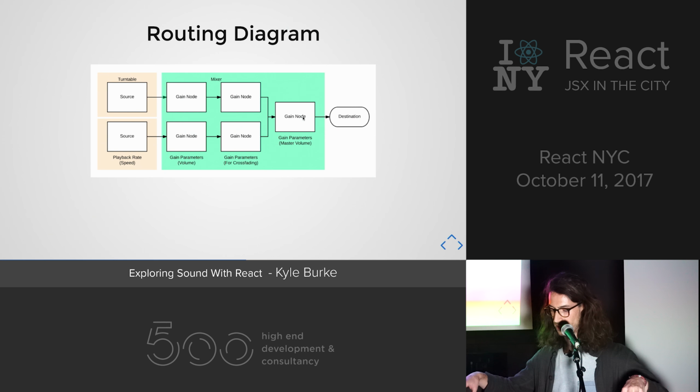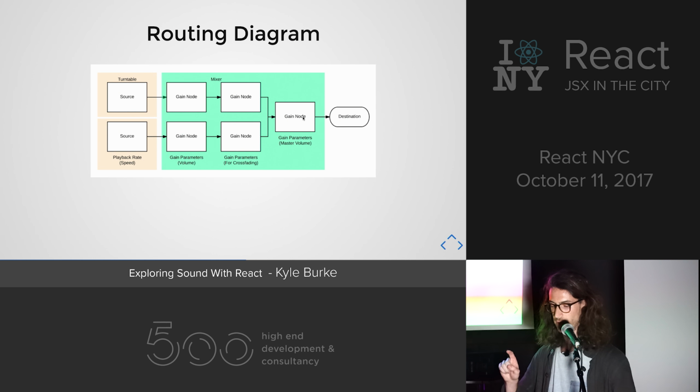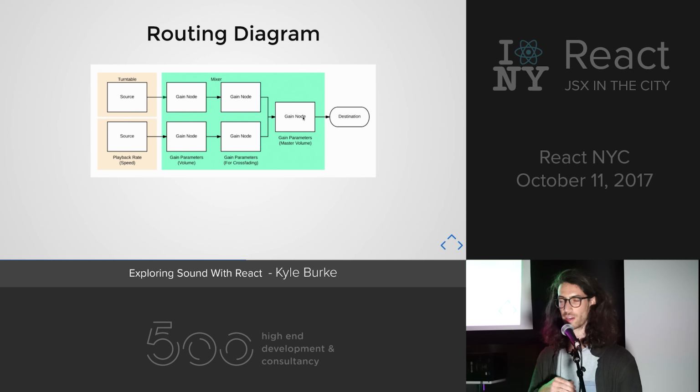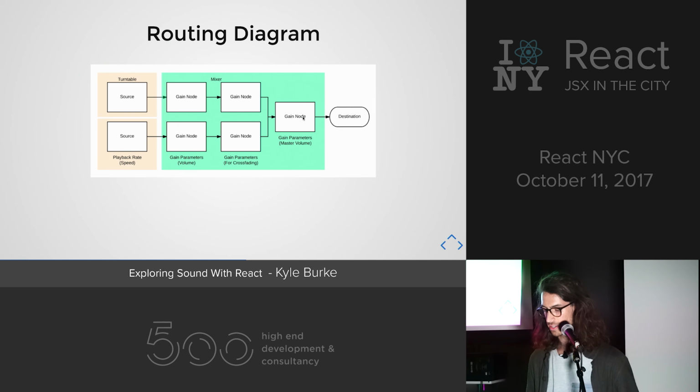You have two turntables that are the audio sources, and then you have those plugged into gain nodes that are on the mixer. And you have individual volume control for each of those things. And then those go into a crossfader. And so again, you're controlling the volume by either going to A or B or somewhere in between. Those go to a master gain node, and then those go to a destination.